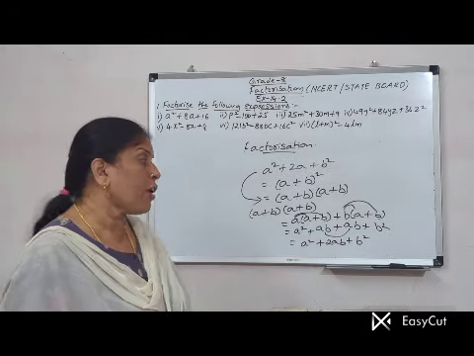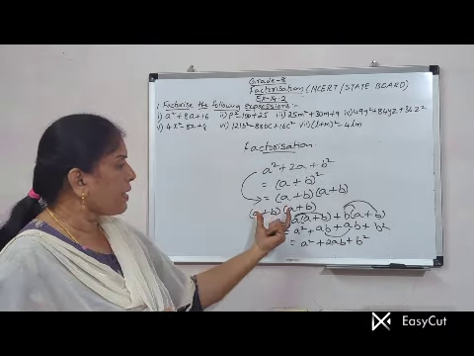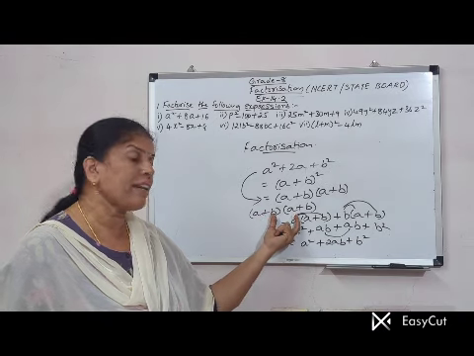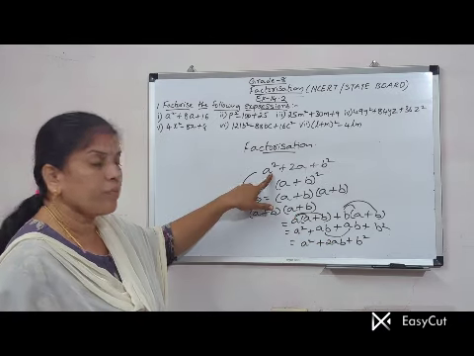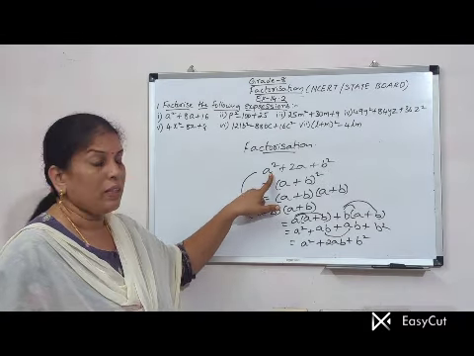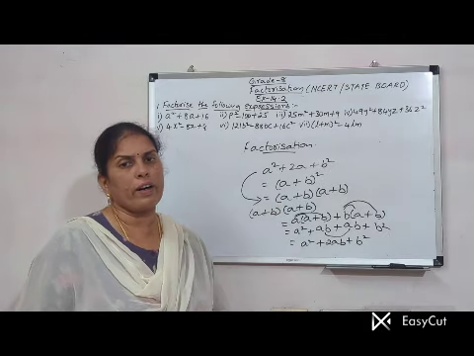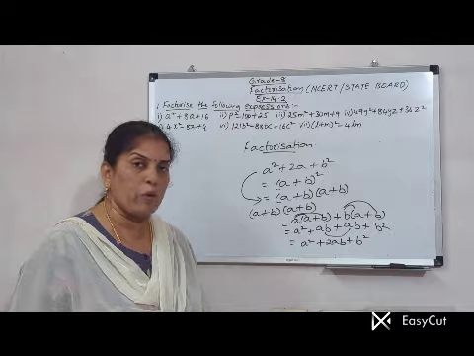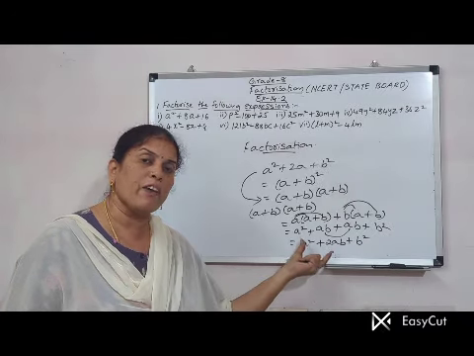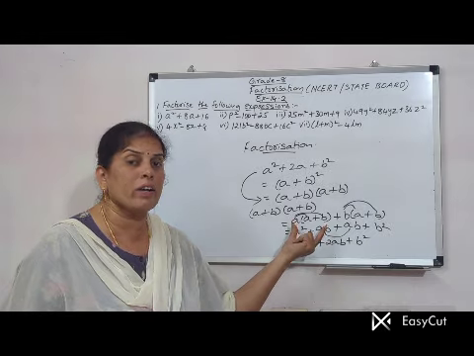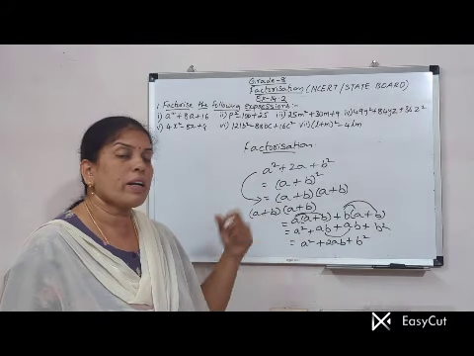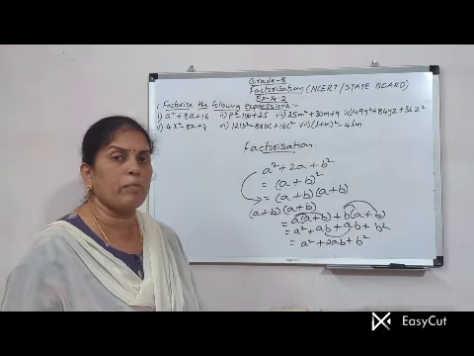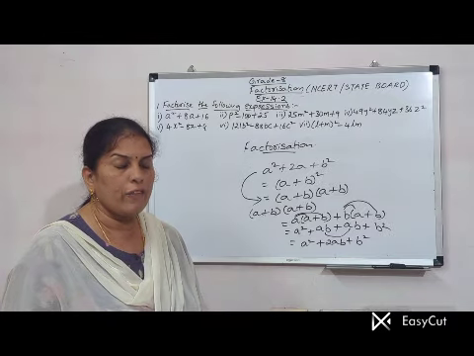See here children, if you observe, I am taking these factors, I am finding the product, and you are getting this result. This is equal to this algebraic expression. That means if you find the product of the factors of any algebraic expression or polynomial, after finding the product you must get that polynomial only. Then those two are called the factors of that polynomial or algebraic expression. All of you understood?